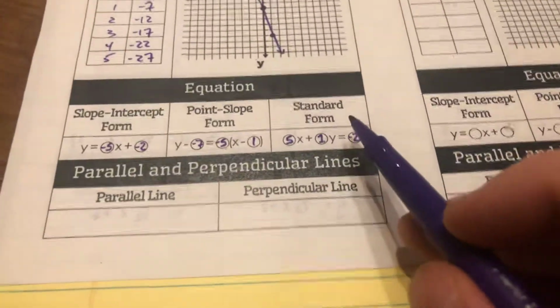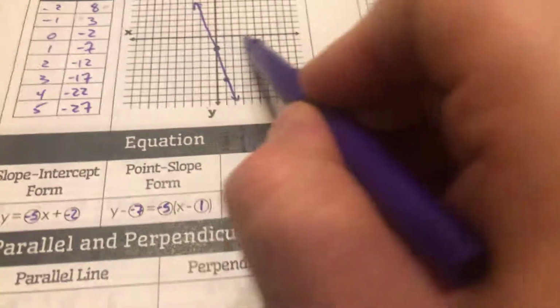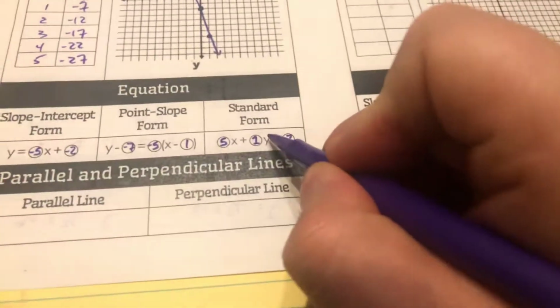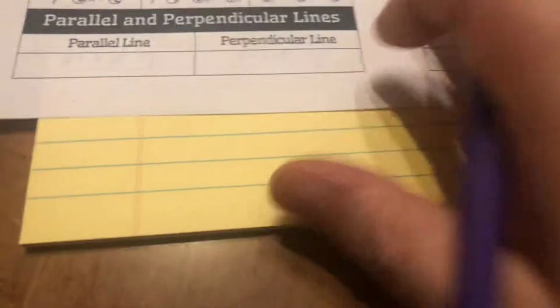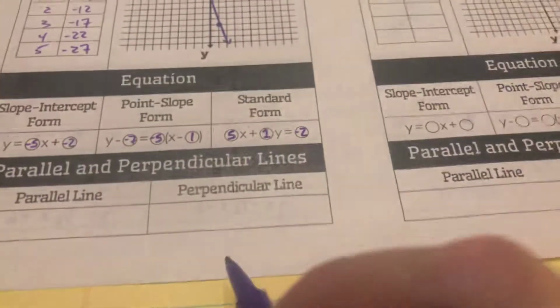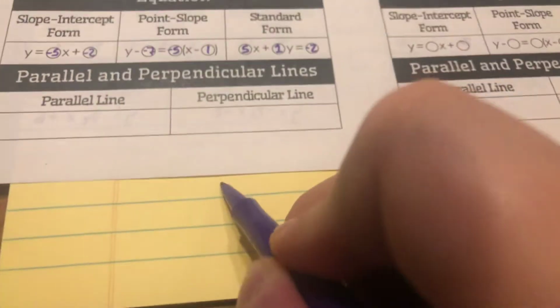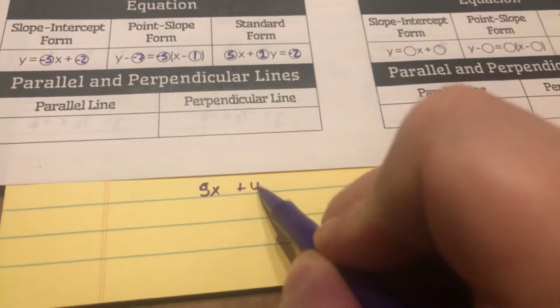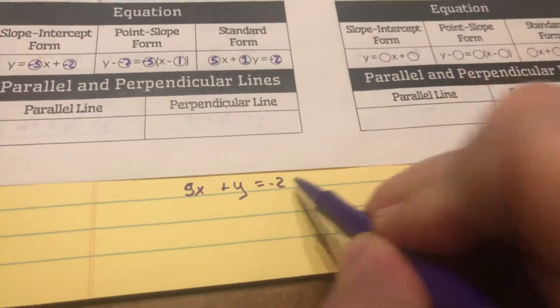Okay, so now to find our x-intercept, it's really easy. X-intercept is on the x-axis, so your y value is 0. So if you were to plug in a 0 here, I would just do it on paper. So we have 5x plus y equals -2.